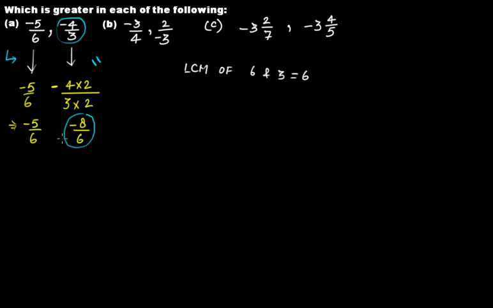Now, here we have the same denominators. Now what you have to do is simply compare their numerators. The numerator here is minus 5 and the numerator here is minus 8. Clearly, minus 5 is greater than minus 8, and therefore minus 5 over 6 will be greater than minus 8 over 6.